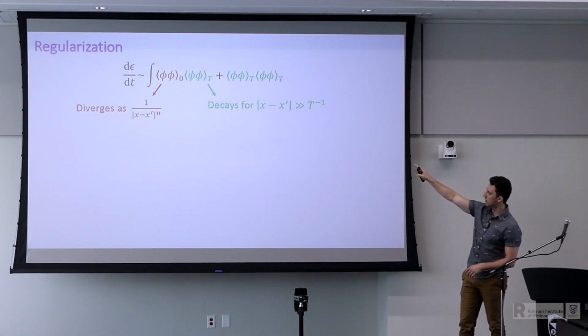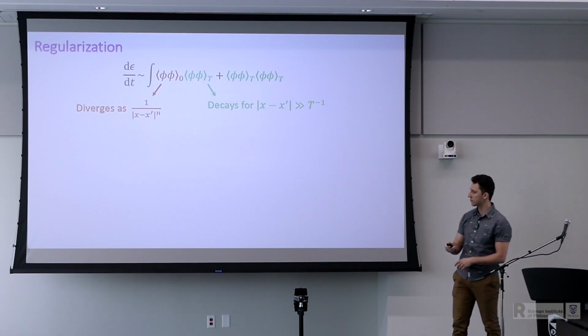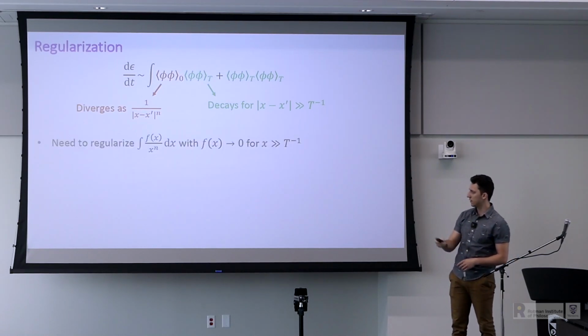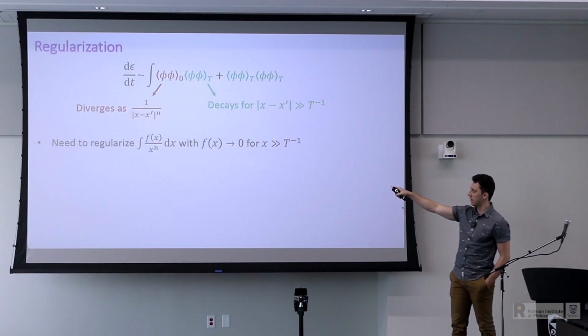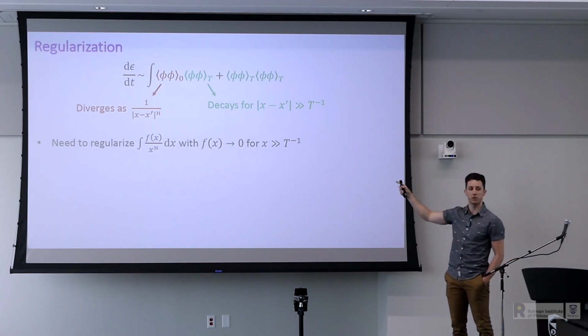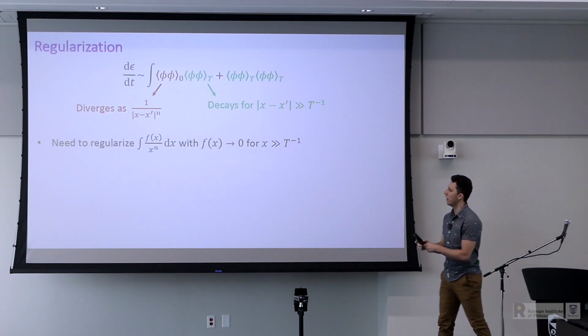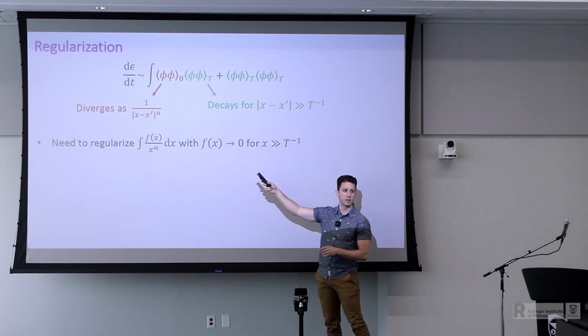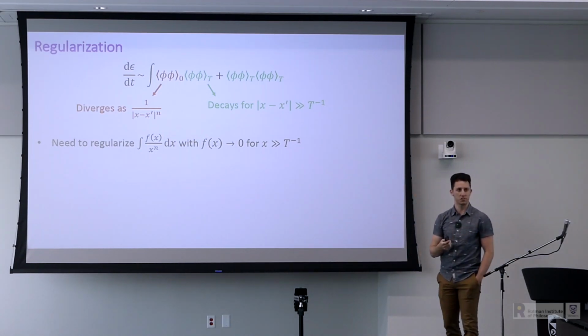So basically, the integral that we're trying to regularize looks something like this: a simplified integral of f of x over x to the n, where f of x is a function that decays to 0 when x is much larger than the inverse temperature. This is the kind of expression we're trying to regularize. If n is 1, then we can just use the Cauchy principal value prescription to regularize this integral.